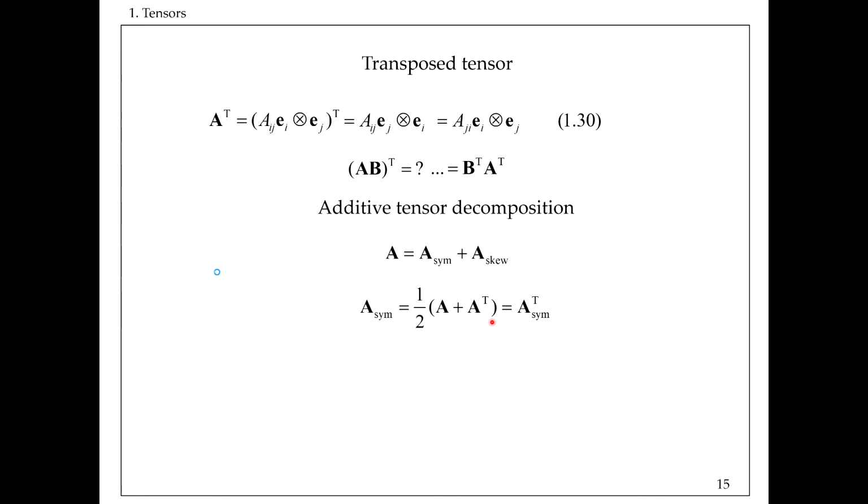Now for the antisymmetric or skew part, it needs to be such that when we add the symmetric part, it will automatically produce the whole A, right?